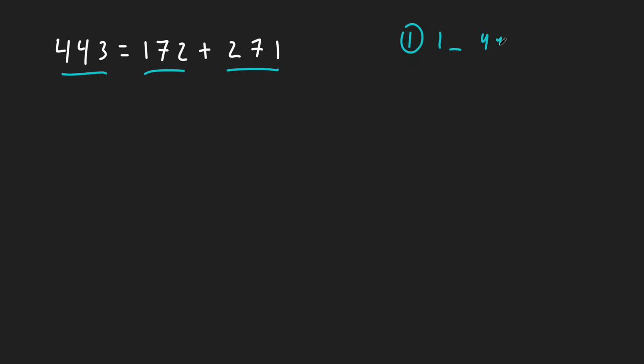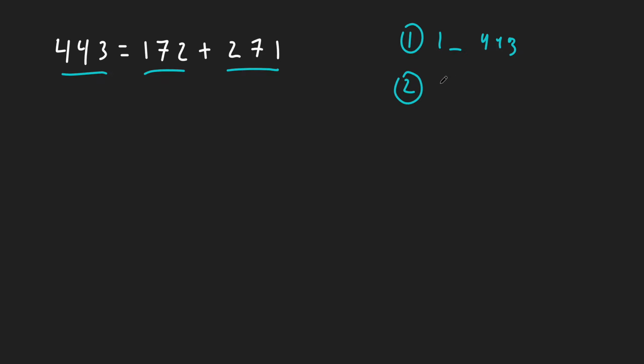We will go until 443, and at each step we are going to check whether the number plus its reverse is equal to our target number 443. If it equals, then we are returning true. If not, then we are checking all the way up to 443, and if none match, then we are returning false.